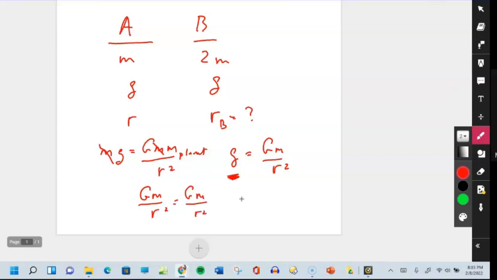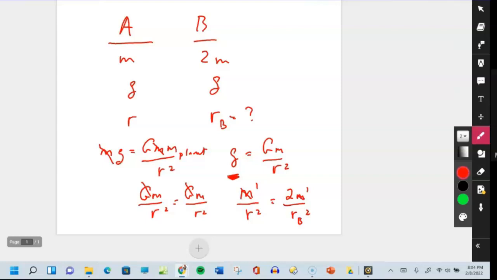Now let's start to put our numbers in for A. Everything that doesn't change just goes out. So we have M. A is just M, and its R is just R. Now B, its M is 2M, and its R, well, RB, I don't know what it is. What's nice is this becomes 1. That becomes 1.